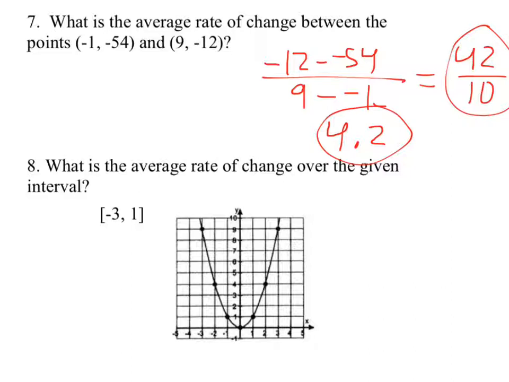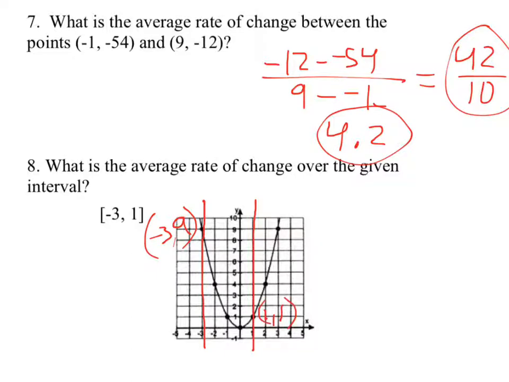8. What is the average rate of change over the given interval from negative 3 to 1? So negative 3 is right here, and 1 is over here, and you get the average rate of change between those. Well, the function value up here is 9, so this is at negative 3, 9. And over here we have this point, which is at 1, 1.